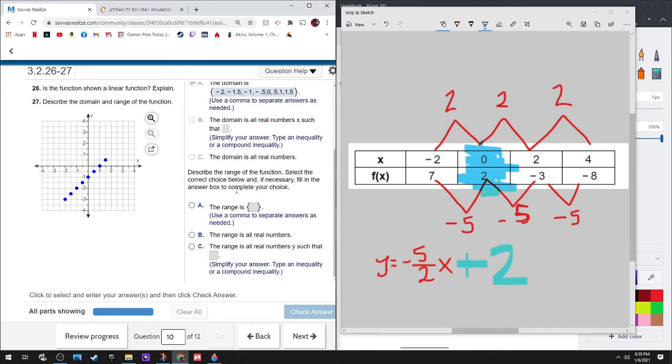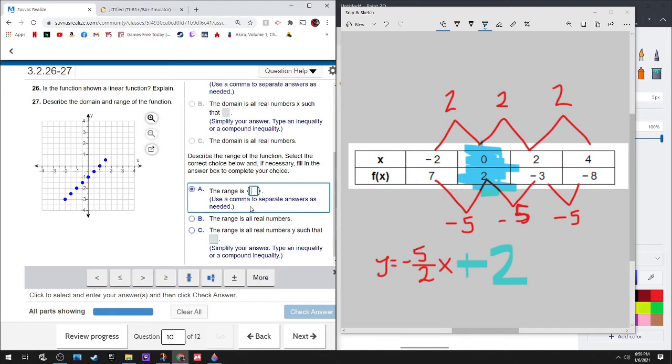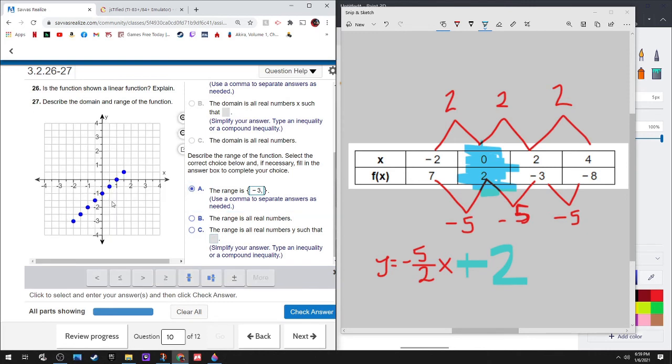Well, range is the same thing. It's just the y values, right? So I just go in, and this question is long and involved. Oh, it looks like the y values are also going by 0.5s. So again, the way that I'm finding these is by looking at the points as I go along and go, hey, what's the y value of each of these points?